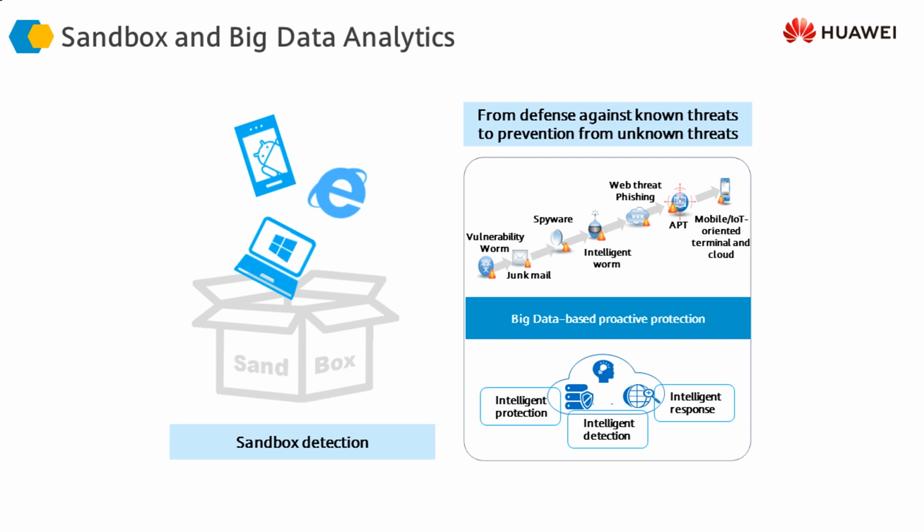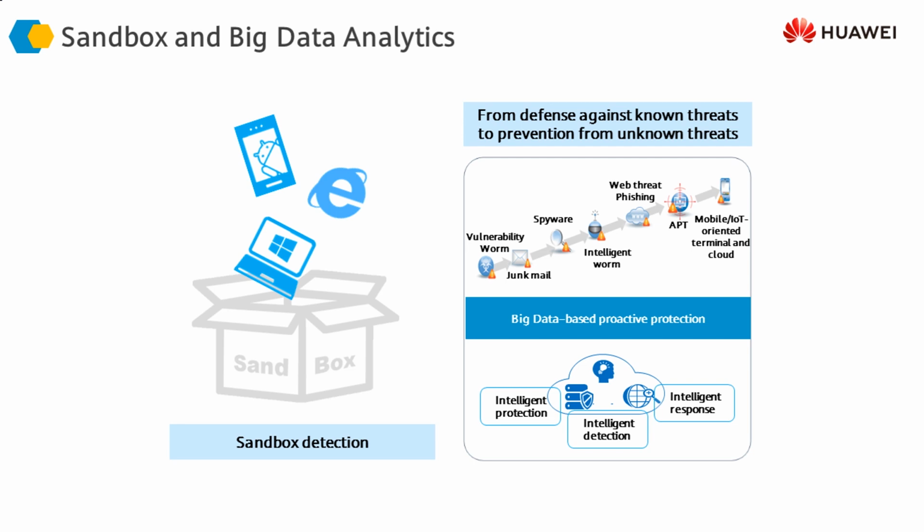What we'll do is run that application, file or code in a protected environment which we call a sandbox, and then based on what that application or code or software is trying to do, we can determine whether it's an attack file or attack code, or whether it's clean code. So sandboxing and big data analytics, which are provided by FireHunter, are the new tools in our arsenal. So this was all about the tools that are available to us.